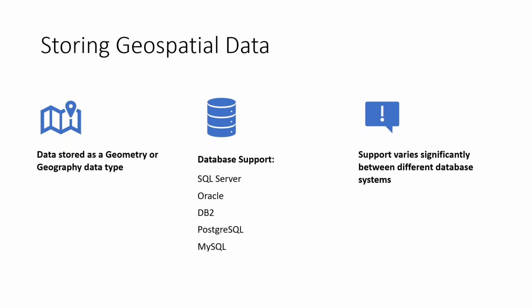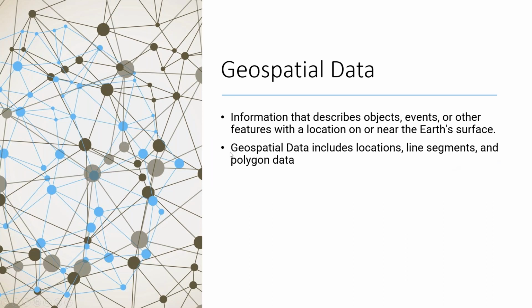I believe MariaDB also supports it since it's spun off from MySQL. But what is supported and what you can do with it varies significantly between different database systems, so it's something you need to be aware of when you want to store geospatial data. And I'm not talking about a latitude and longitude value. We're talking about, again, line segments or polygon data, or a point stored as both lat and long within that single field.